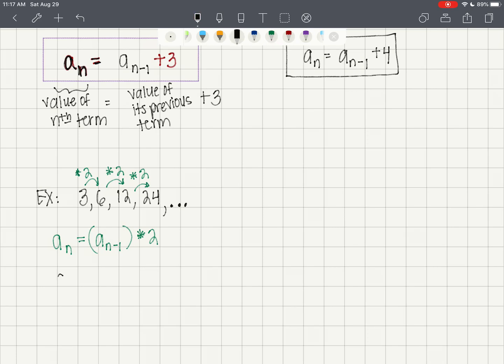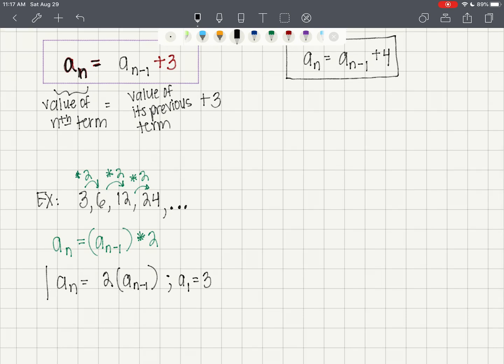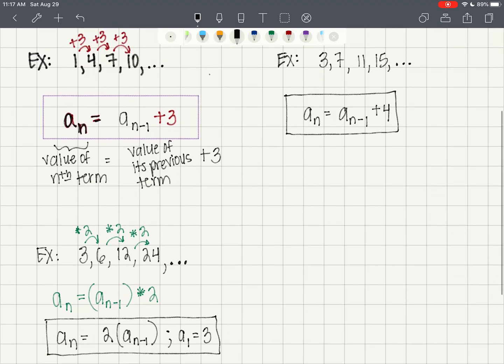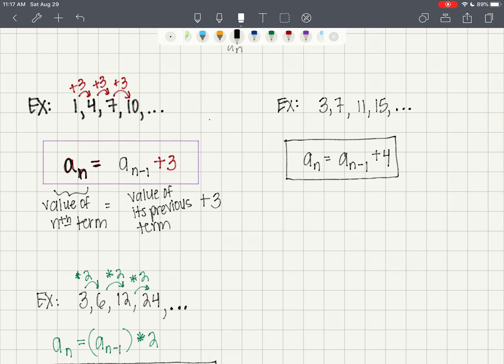So I'm going to rewrite that. a sub n equals, and I'm going to put that 2 out front, this way I don't have to use that funny looking multiplication symbol, 2 times the previous term, a sub n minus 1. And this is going to be true when a sub 1 is equal to 3. So we have to really now think about that initial condition, because how do we get to the second term?